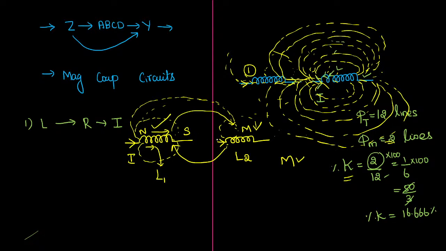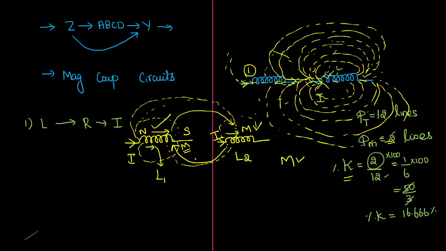In the same way, if you pass some current through the secondary coil, it will produce some flux lines. Those flux lines will go back and interlink with the primary coil. So because of the current in the secondary coil, some inductance will be built in the primary coil, that is called mutual inductance.